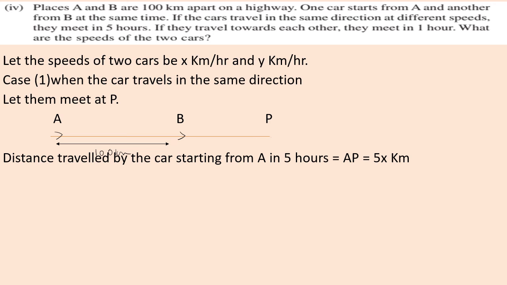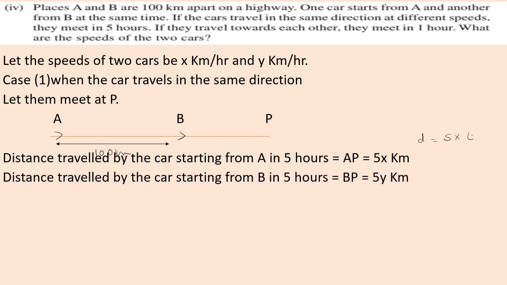Here 5 means the time. You are using the formula distance equals speed multiplied by time. So the distance AP equals 5 multiplied by x, where 5 is the time and x is the speed. So we write 5x kilometers. In the same way, the distance traveled by the car starting from B in 5 hours, BP, equals 5 multiplied by y, as the speed is y kilometers per hour and the time taken is 5 hours.